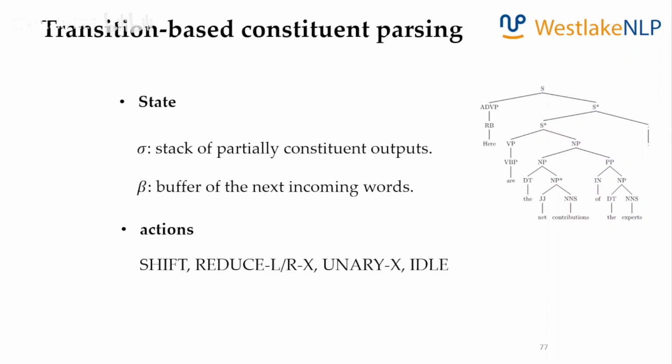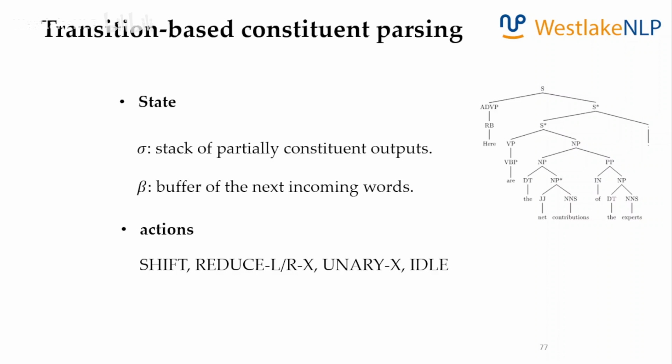The state consists of a stack and a buffer, just as for dependency parsing. And the actions will incrementally take words off the buffer and build structures on the stack. So let's look at the actions one by one.